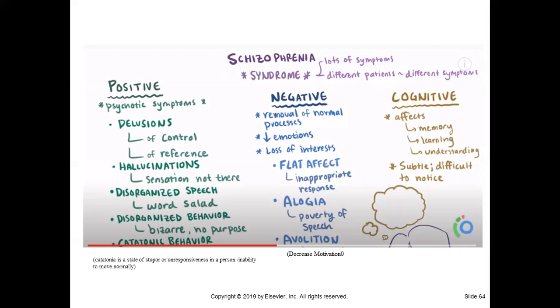It is called avolition. All are negative signs. Other signs are cognitive signs, affecting memory, learning process, understanding, and also difficulty in attention. Other signs and symptoms: disordered thinking, poor problem-solving abilities, difficulty concentrating, memory issues, patient feels hopelessness, or in very late stage suicidal ideation, even depersonalization, which means loss of identity, or derealization, which means perception that the environment has changed.